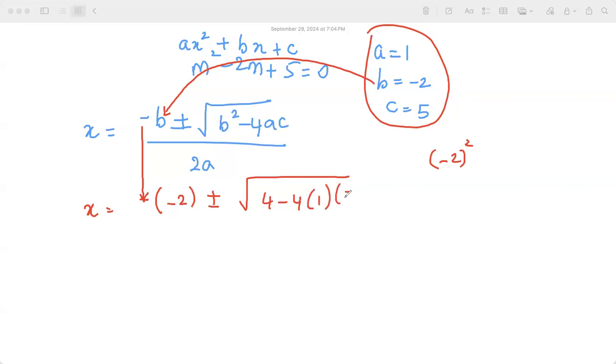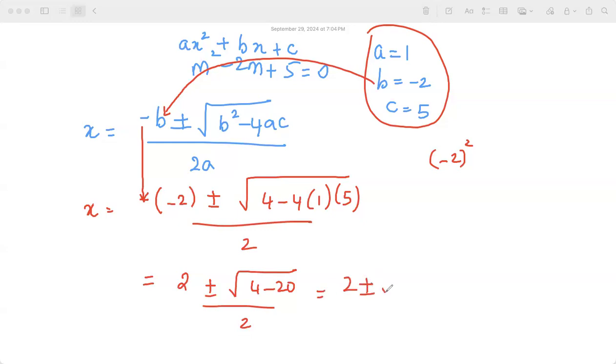Minus 4 times 1 times 5, divided by 2. So this becomes 2 plus or minus square root of 4 minus 20, divided by 2. 2 plus or minus square root of -16 by 2. Can one of you help me? What will happen to this? It would become 4i, right? Yeah, that will be square root of 5, but square root of 16?